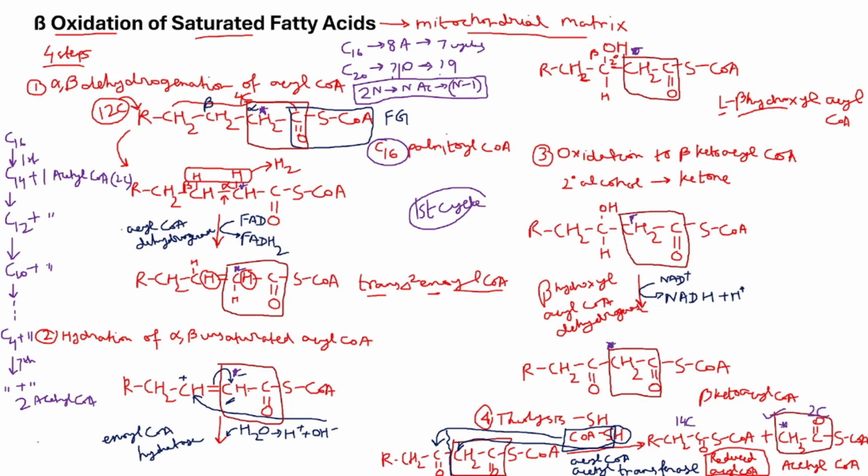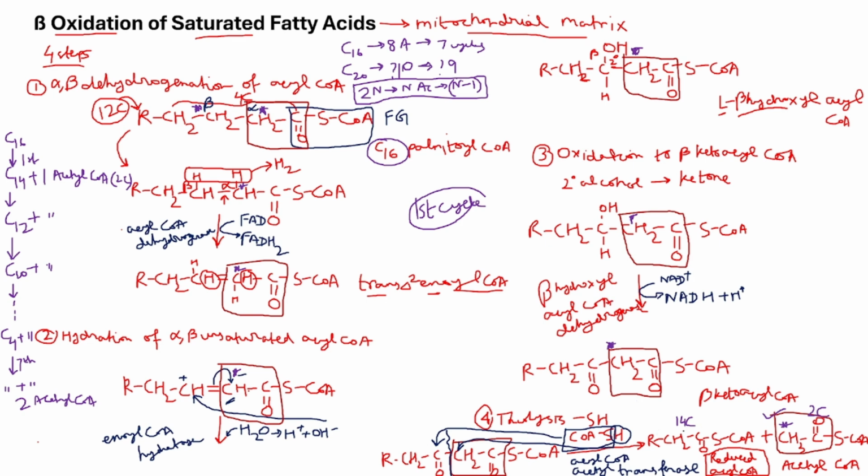This alpha carbon, if you radio label it, will finally be in the leaving acetyl CoA molecule. Similarly, if you radio label the beta carbon, where will it be? It will be in the remaining acetyl CoA molecule.